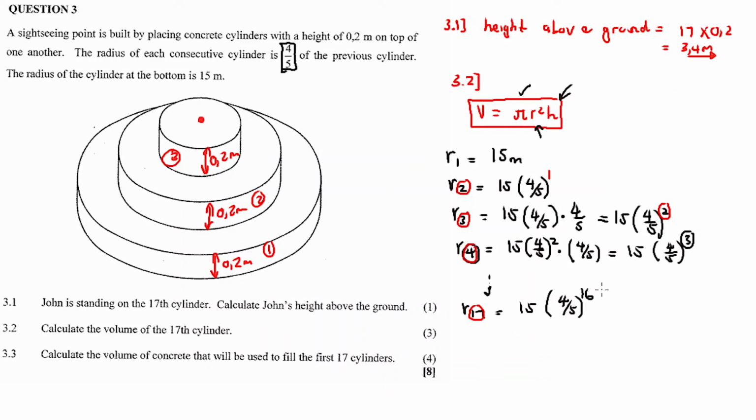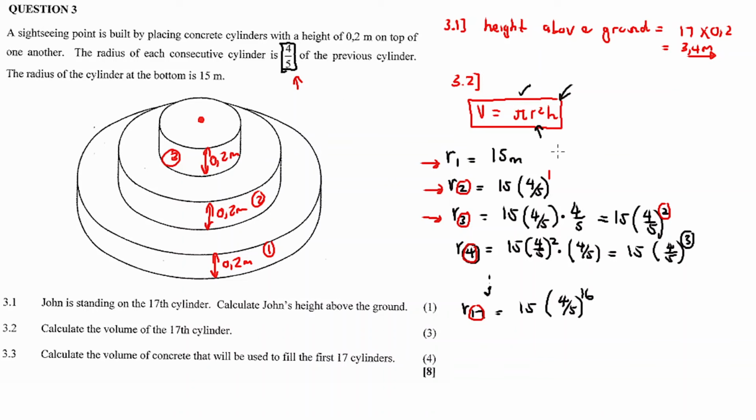You can do that, or you can just stop at the third or the second term, right? For the fact that you are multiplying by 4 over 5 every single time to get the radius of the following cylinder, you have a geometric pattern, right?